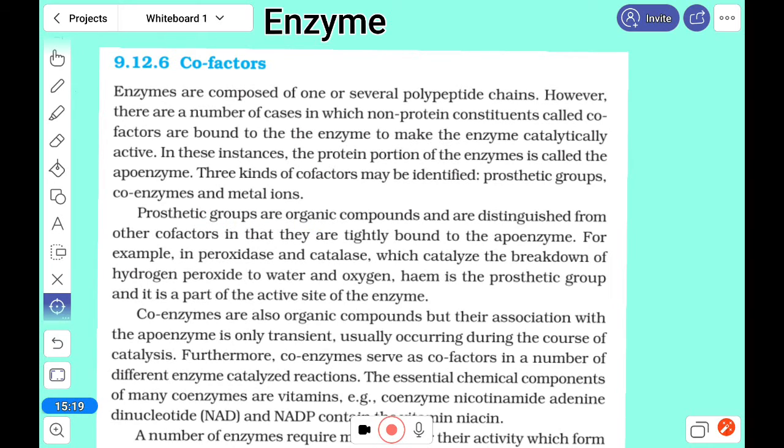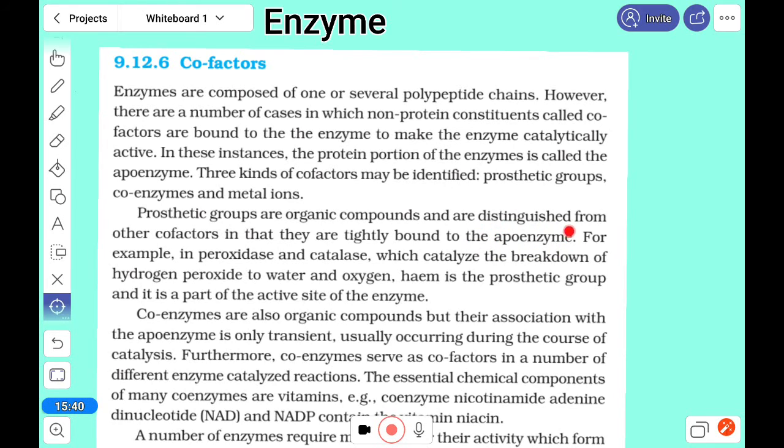The prosthetic groups are organic compounds that are distinguished from the other cofactors, and they are tightly bound with the apoenzyme. Apoenzyme is the protein part of it.